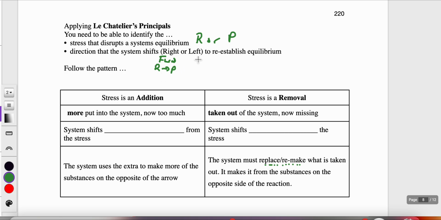Or the system shifts left, where at this point of the readjustment the reverse reaction is favored and the products are making more of the reactants. So one of the reactions, either the forward or reverse, will happen a little bit faster until the equilibrium is reestablished. There's a pattern here.